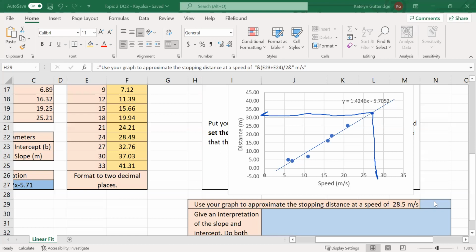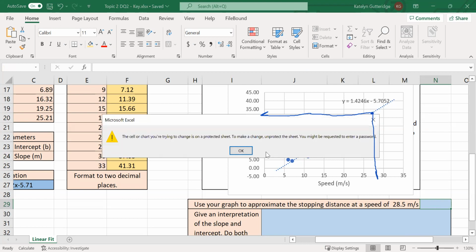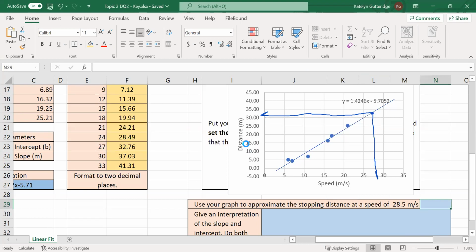So then using my graph to approximate where about 28.5 meters per second is, I'm going to say it's a distance of 33 meters. I apologize if I said 30 before. We're looking at 33 because we're between 30 and 35. We're saying we're close to 35. So we're looking at 33 meters.